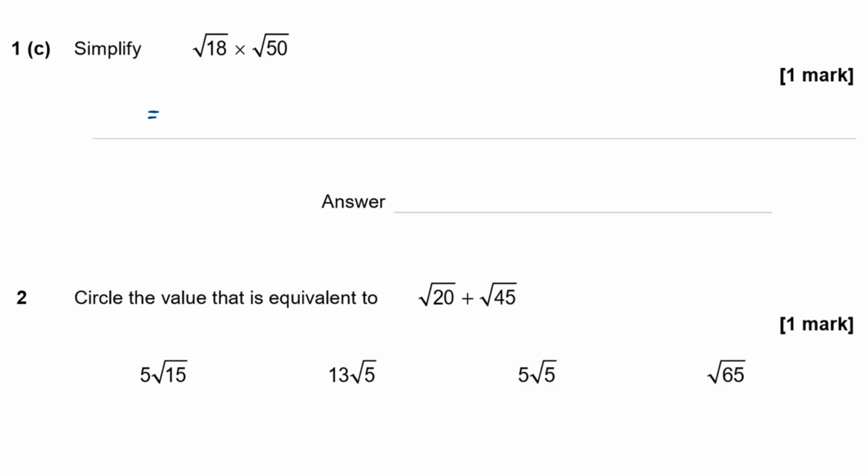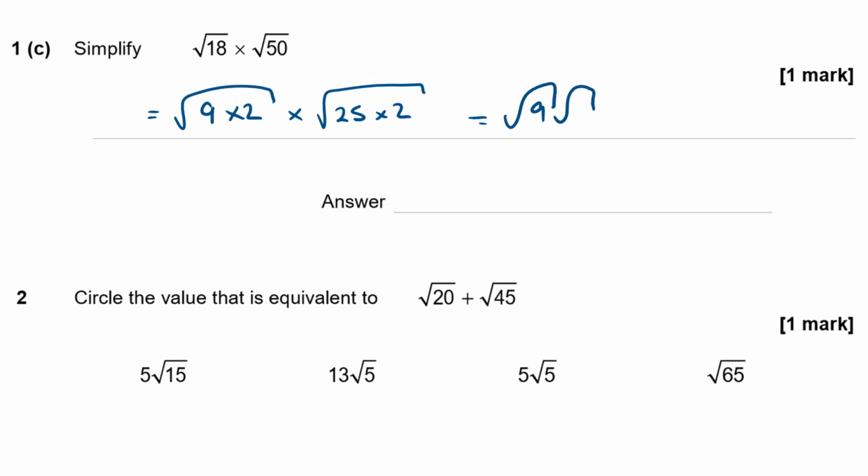Root 18 I can already spot has a square factor, so I can rewrite 18 as 9 times 2, and again 50 has a square factor, so I can rewrite 50 as 25 times 2. That allows me to square root both of those parts separately. So the square root of 9 times the square root of 2 times the square root of 25 times the square root of 2.